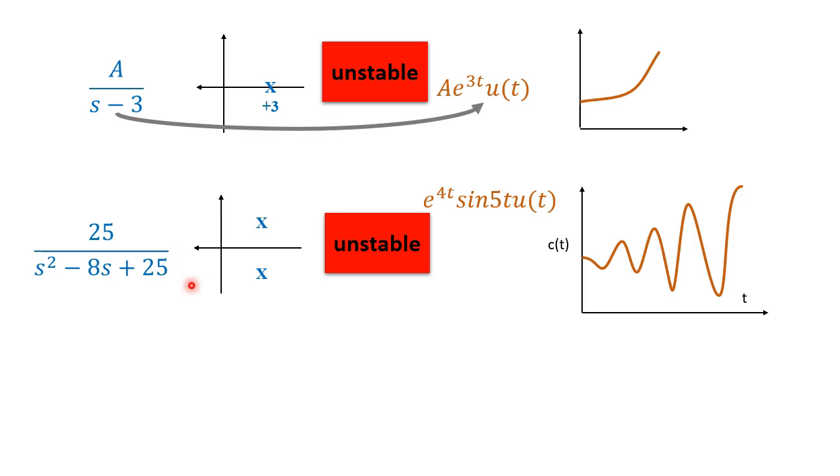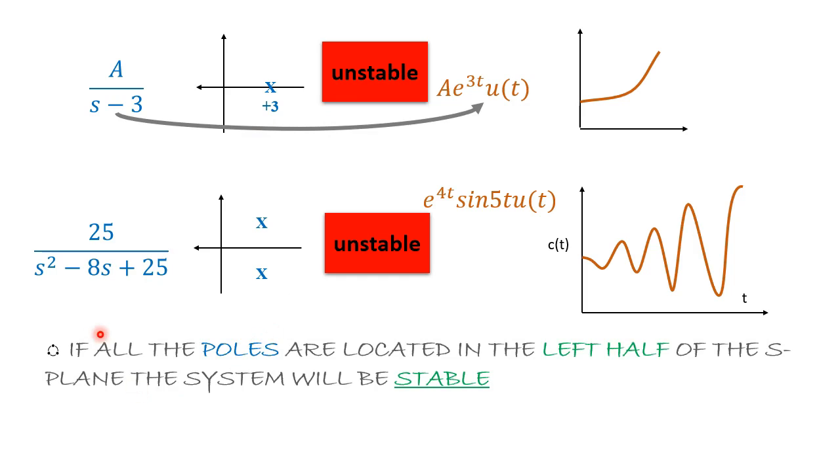Let's see that in the form of theory. If all the poles are located in the left half of the S-plane, the system will be stable. For stability, there is a condition that all the poles should be located in the left half. Not a single pole should be in the right half of the S-plane.